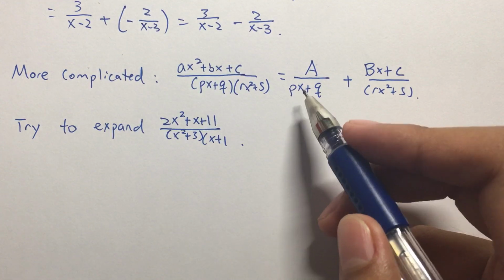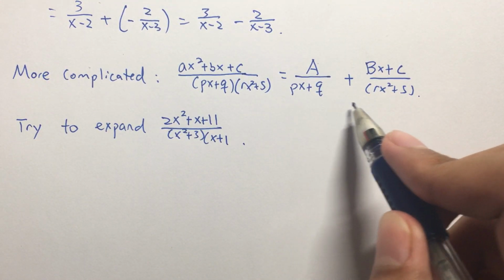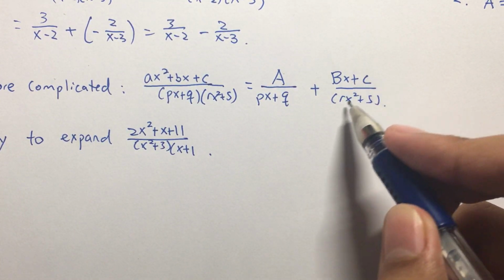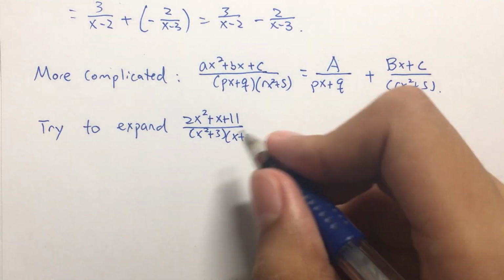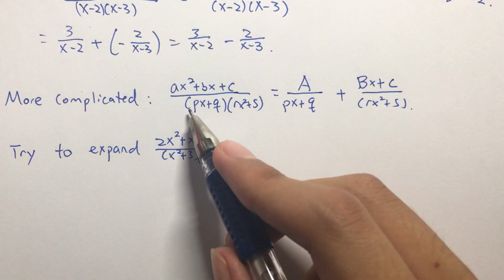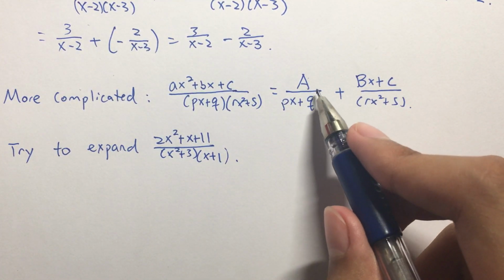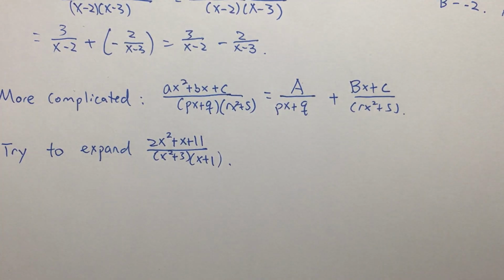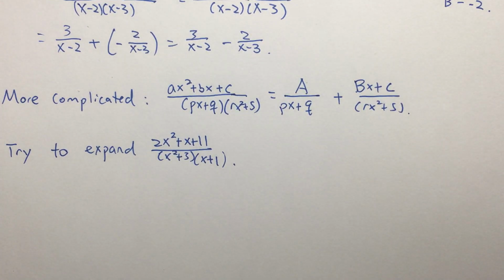Here it's also an equation, which will give a over (px plus q) plus (bx plus c) over (rx squared plus s). Because the denominator is a cubic and the numerator is a quadratic, we can't just leave a and b up here, because otherwise you won't get a cubic one.